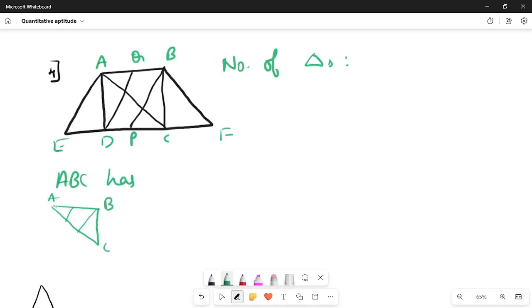Okay, now when I have to consider the number of triangles in this, one triangle is ABC itself. Okay, and say this point I know Q, and let me take it as say L and M. Now another triangle will be ALQ, and another one will be AMB, and I have ABC also.